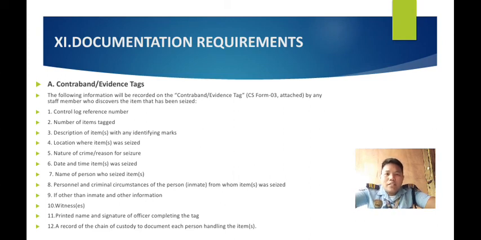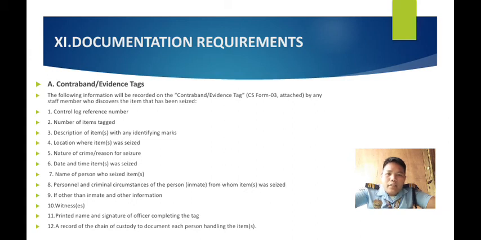The contents are: controlling reference number, number of items tagged, description of items with any identifying marks, location where the item was seized, nature of crime, reason for seizure, date and time seized, name of person who seized the item, personal and criminal circumstances of the person, the inmate, from whom the item was seized.